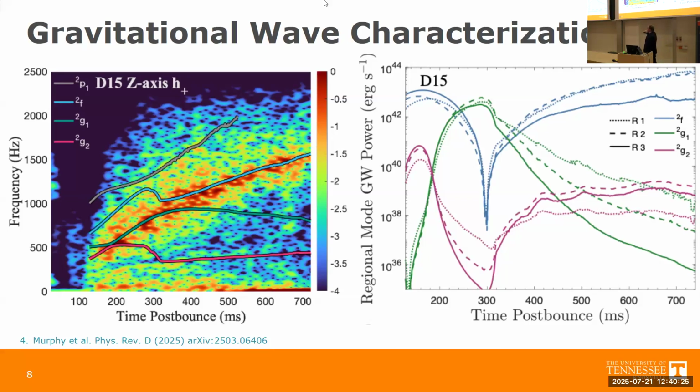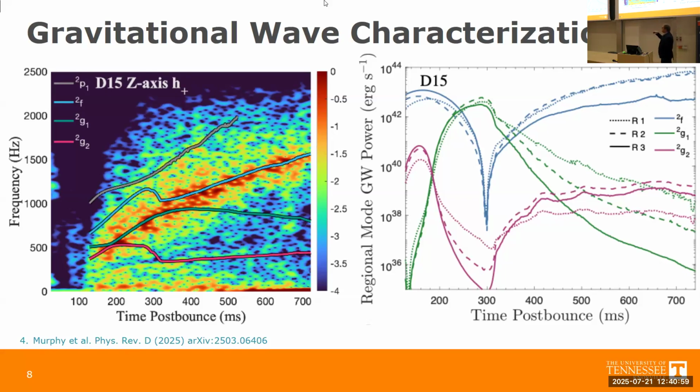That big feature for the F mode at early times does not appear to be physical. So in the gravitational wave data, we do not see significant gravitational waves that line up with the blue part of the curve at early times. So this is likely due to some of the approximations in this method, but this is the standard method that is used so far. So there is already room for improvement: we have an unexplained feature.